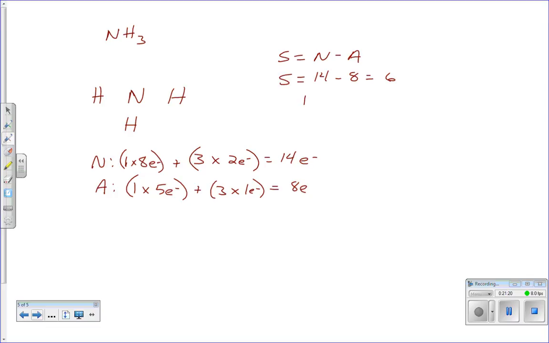Which means, how many bonds do we have? The answer is 3. 6 divided by 2, take the number of shared divided by 2, because each bond has a pair of electrons in it. And we've got 3 bonds. Well, that's convenient, because we have 3 places to put bonds. And each hydrogen can only make 1 bond anyway. So we should have known right away we're going to have 3 bonds.